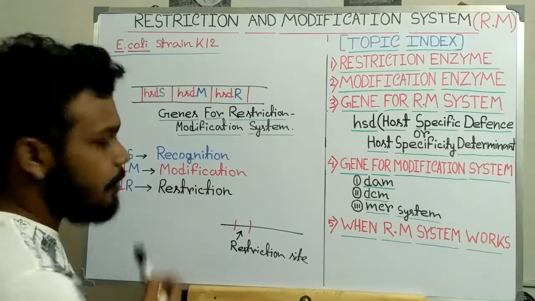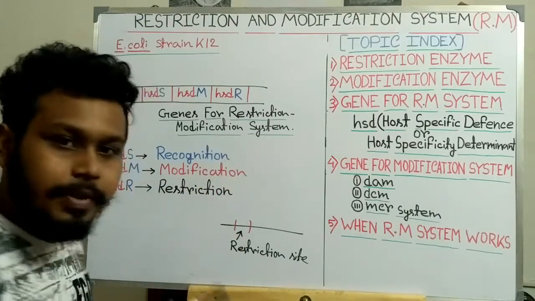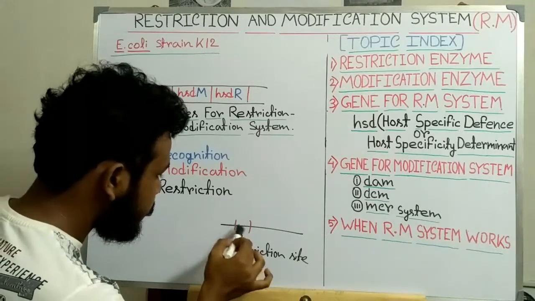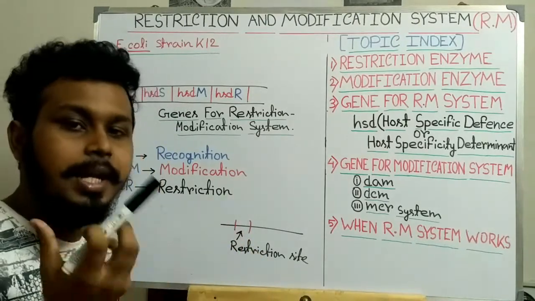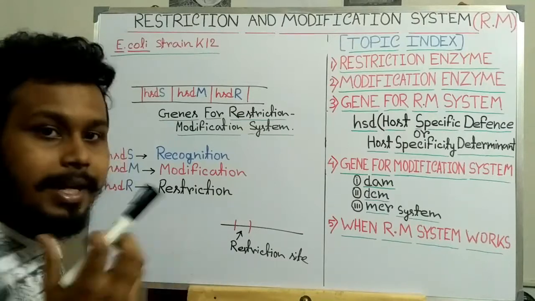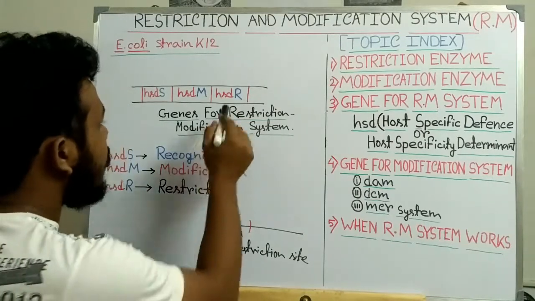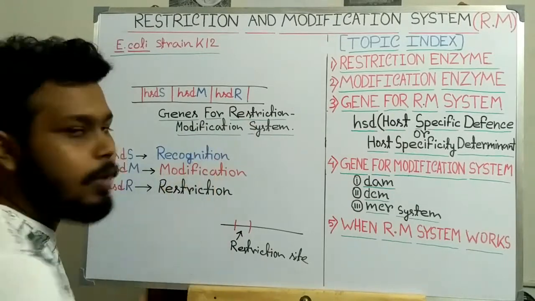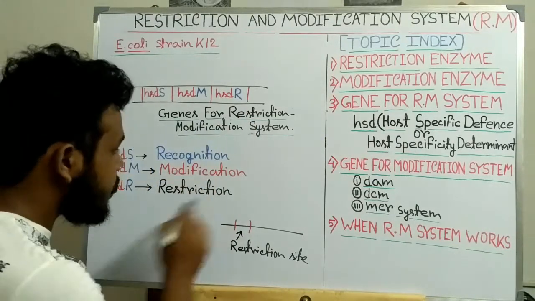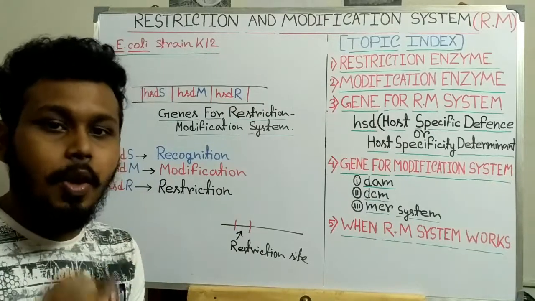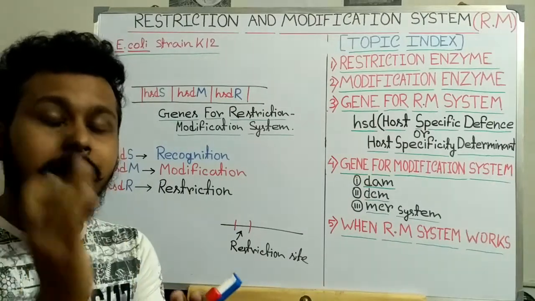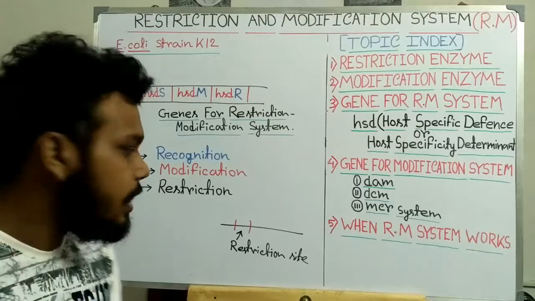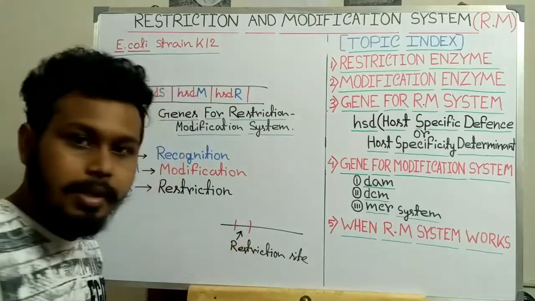That means they transfer the methyl group to this restriction site in any base, in adenine or cytosine base. Now the HSDR gene. HSDR gene product helps in restriction. That means they restrict or cut or cleave the DNA in the restriction site.